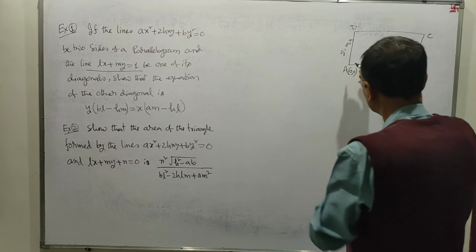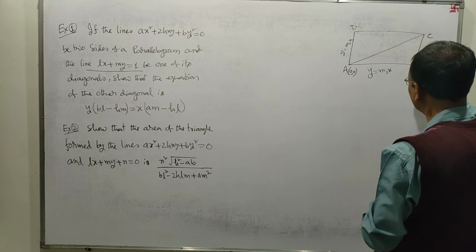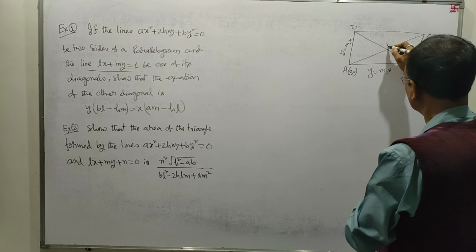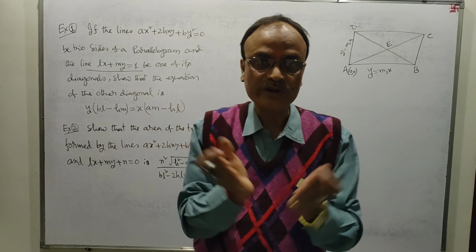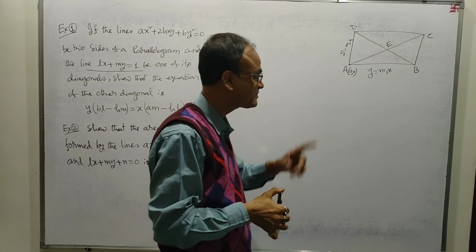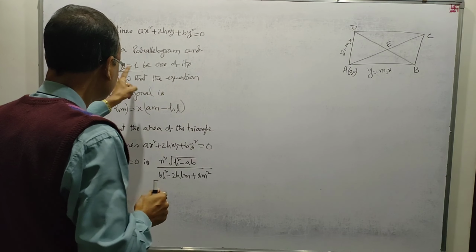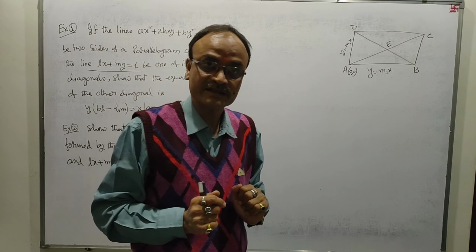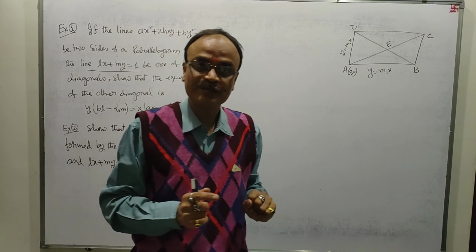Let us first draw the diagonals AC and BD. Suppose these are two diagonals, and suppose E is the point of intersection between the two diagonals. Now notice that lx plus my equal to 1, one of its diagonals, is either BD or AC.